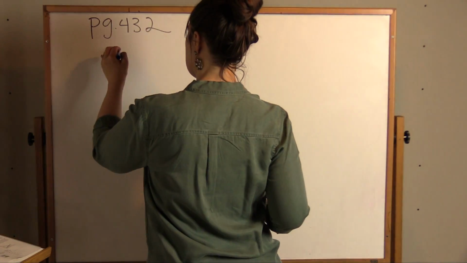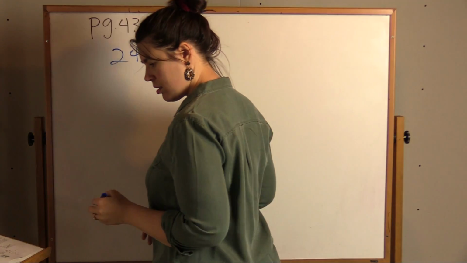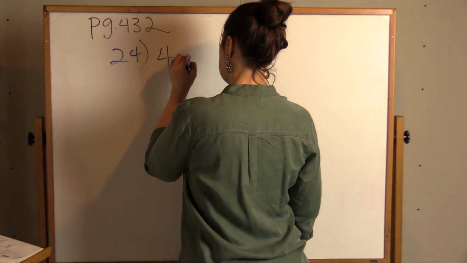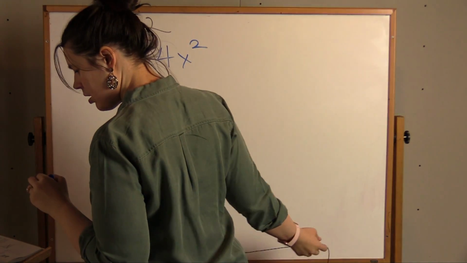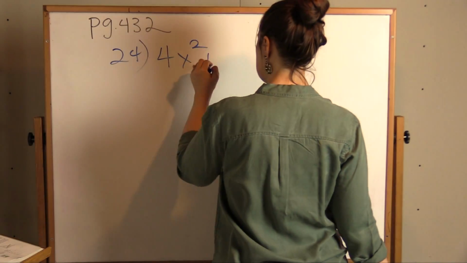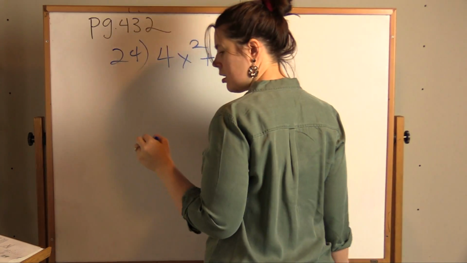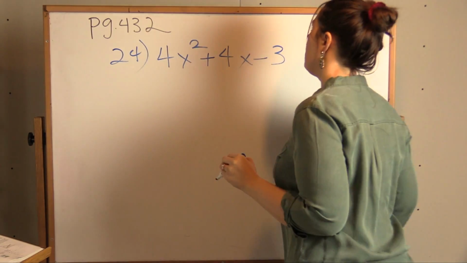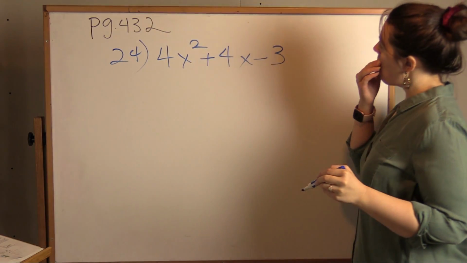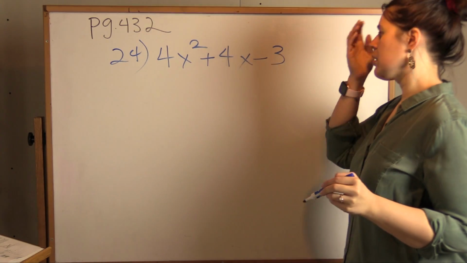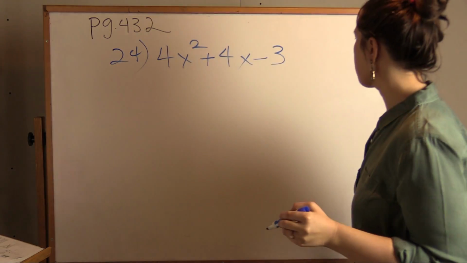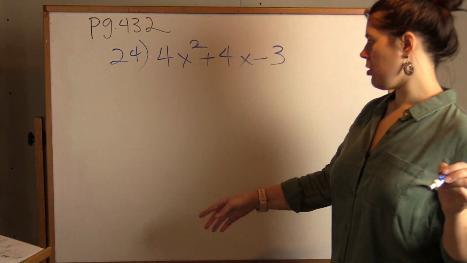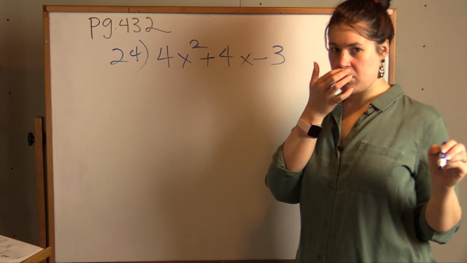All right, 24. On this one, we have a coefficient larger than 1 in front of the x squared.